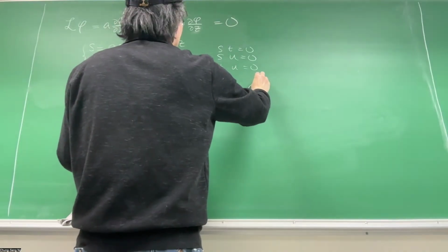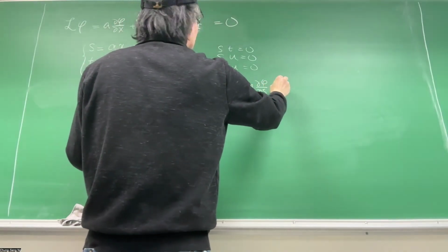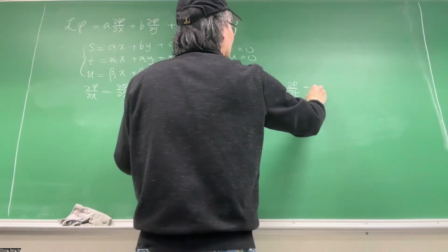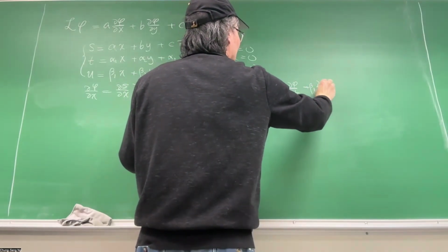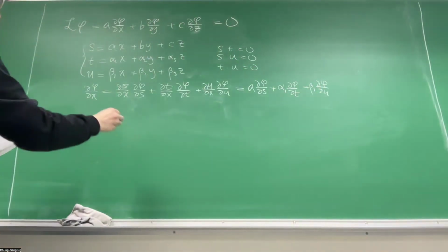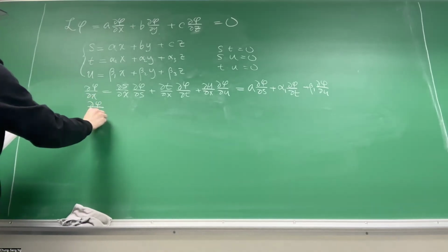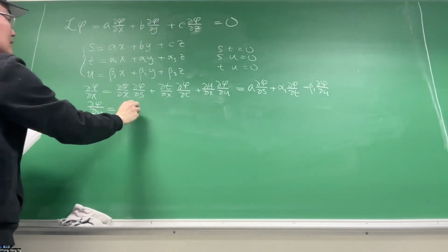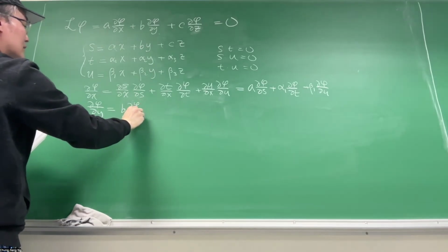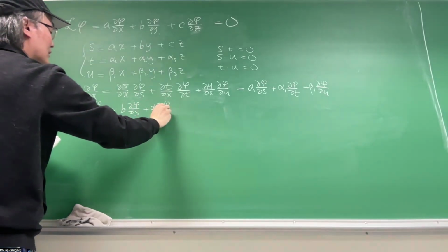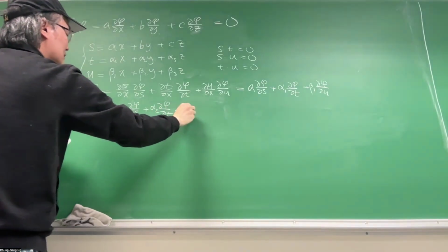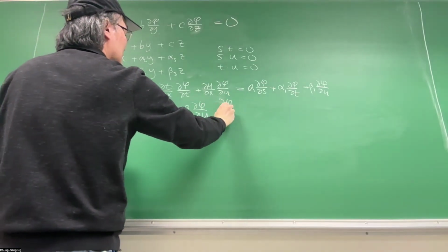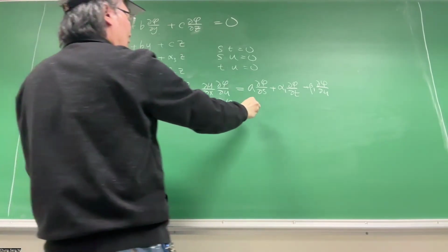A partial phi partial s plus alpha sub 1 partial phi partial t plus beta sub 1 partial phi partial u, right? And likewise, all these others, just like what we did, just use this column instead. So you have B partial phi partial s plus alpha 2 partial phi partial t plus beta 2 partial phi partial u. That's the third column.